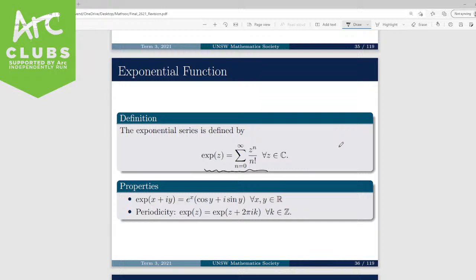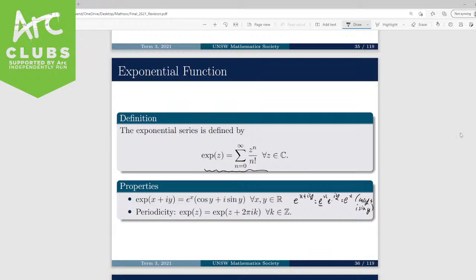The first one, hopefully you're pretty familiar with by this point, thanks to the whole complex number Euler form thing. Your e to the power of x plus iy. If you forget, you can just split that up, and there you can see your e to the power of x in front, and your e to the power of iy would give you cosine y plus i sine y.